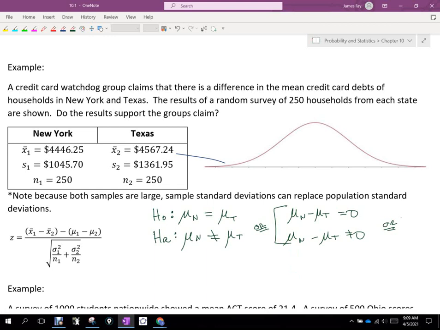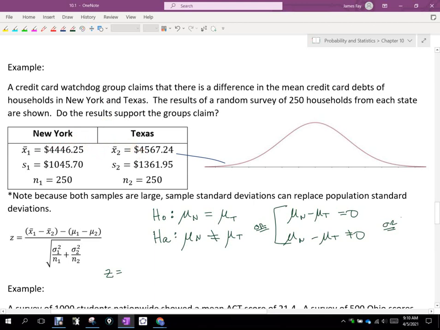All right, so now what we want to do is look at this information and decide how to compute our z value. So we'll take x bar 1 minus x bar 2. So I'll take these two numbers and find their difference. Now, if you just pay attention, I'm going to go New York minus Texas.